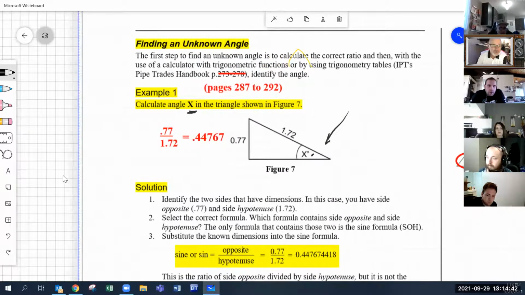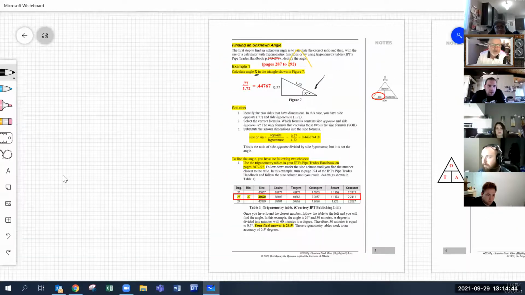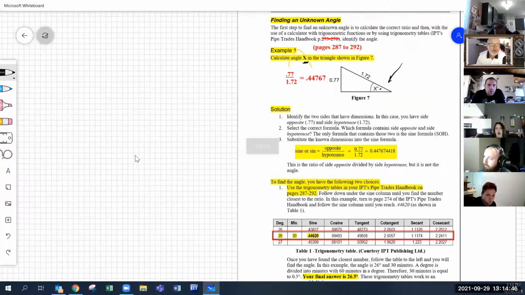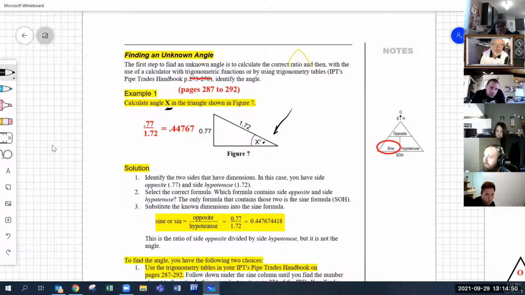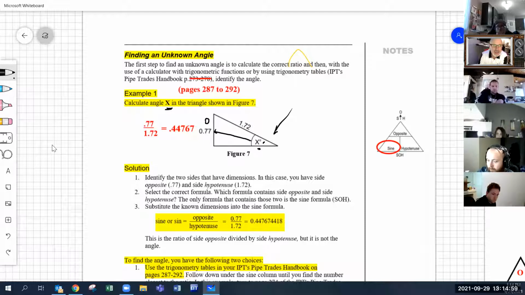When we do that, we figure out what we have. Here in this example, there's the angle. So we are given the side opposite, and we're given the hypotenuse. And now we can figure out what formula triangle we're going to use.